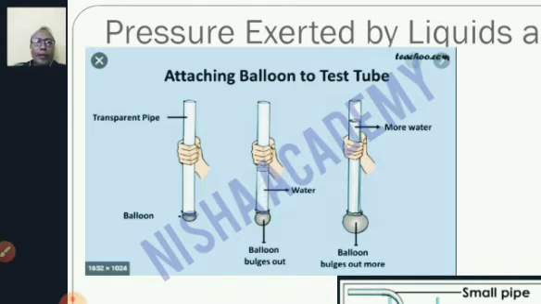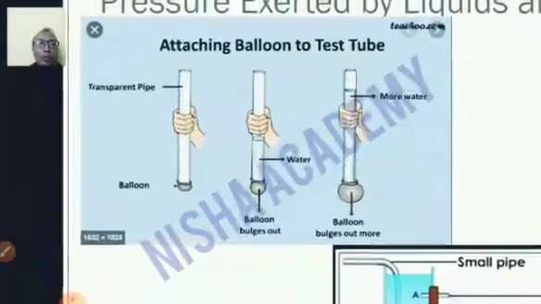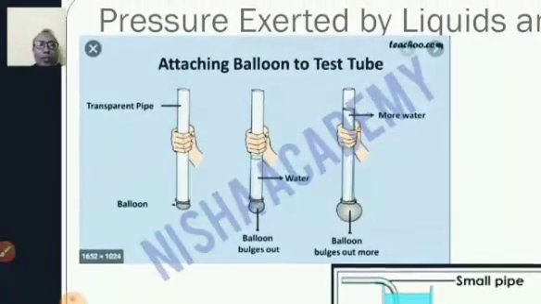You can see that the balloon will bulge out. So the water or the liquid can make a pressure. It will exert the pressure on the other end. Now try to fill more water. You can see the balloon will bulge more. So you can see here that the liquid can also make a pressure on any surface.